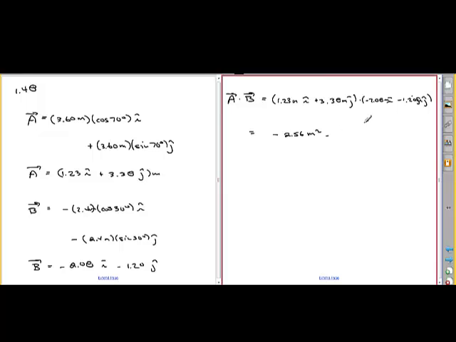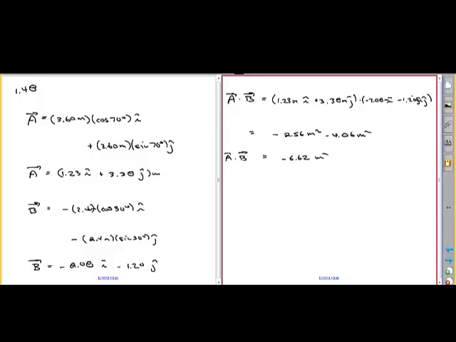So you end up with a negative result again, which is negative 4.06 meters squared. So then you add the two terms together, and you get negative 6.62 meters squared. And because that's negative, we know that this angle has to be greater than 90 degrees. If you look at the figure in page 29, you'll see that the angle is greater than 90 degrees.